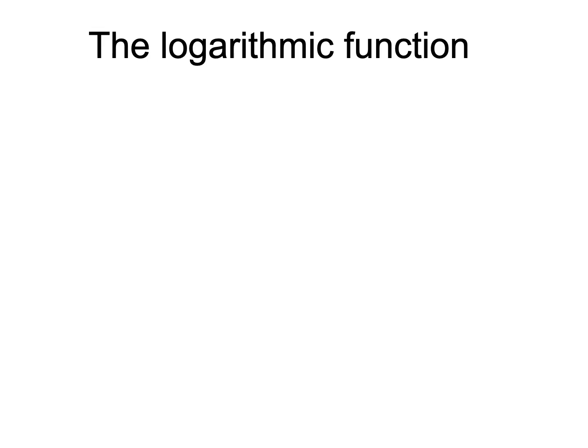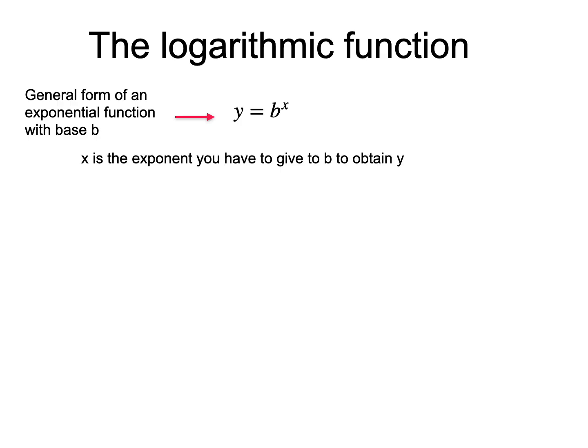In general, an exponential function takes this form, where b is called the base. When dealing with the time dependency of the amount of radioactive material, we have been working with an exponential function where b equals 1/2. In this expression, x is the exponent you have to give to the base b to obtain the value y.